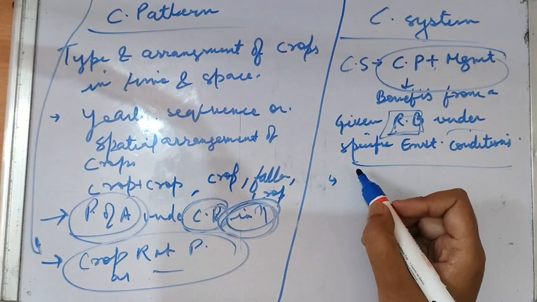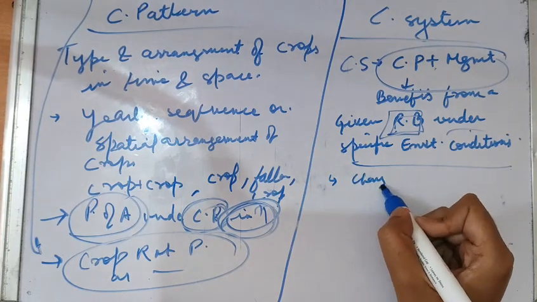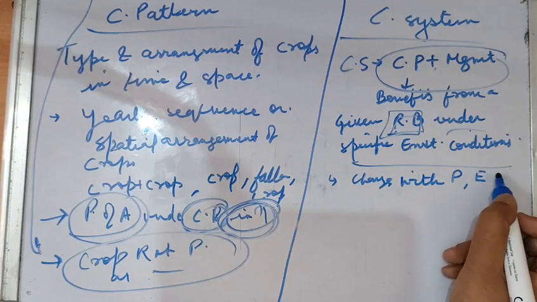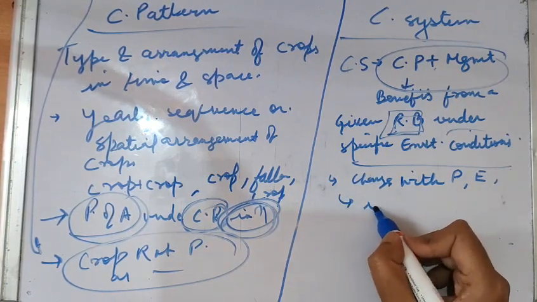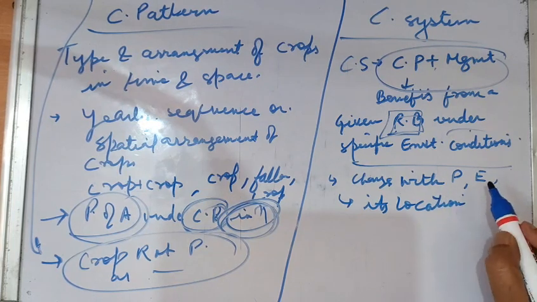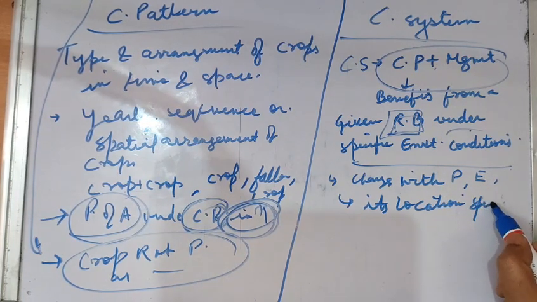What does it change with? It changes with place, environment, that is it is location specific. In different locations we have got different cropping systems. It's very much location specific.